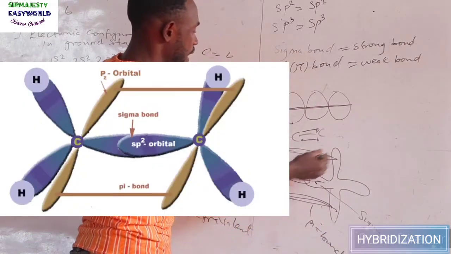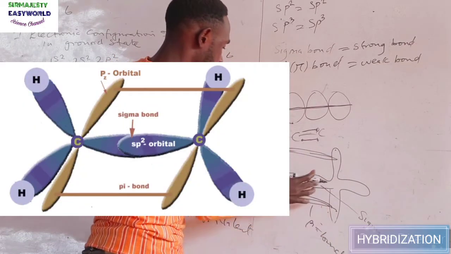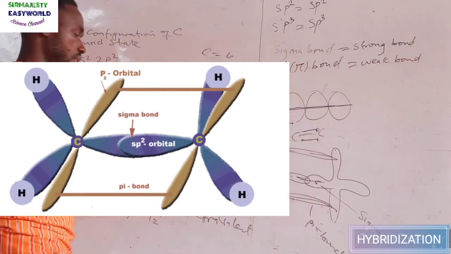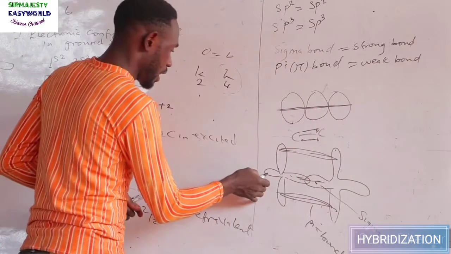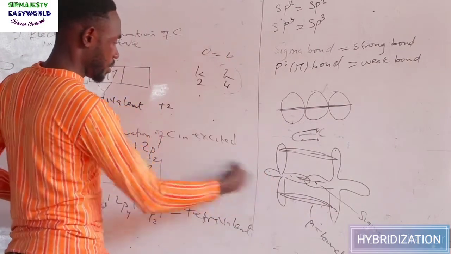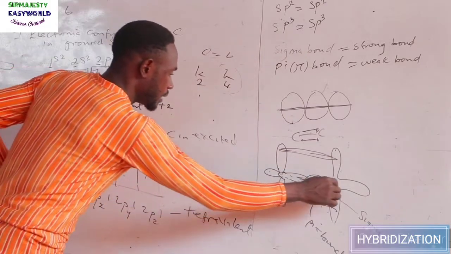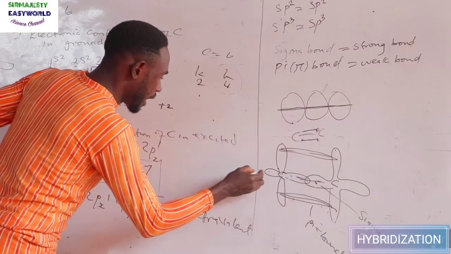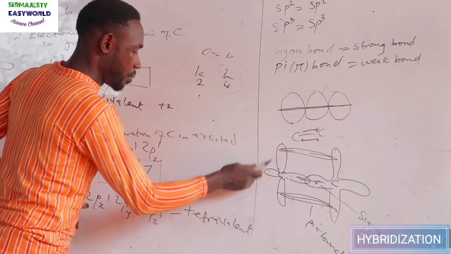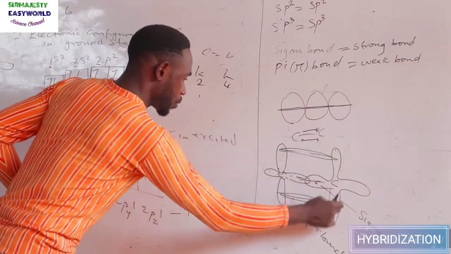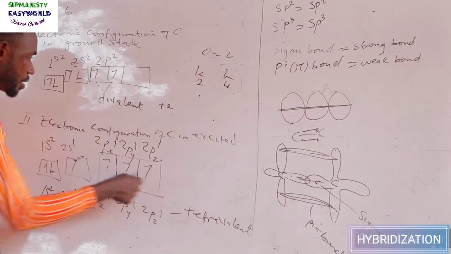Then this one is unhybridized, and these two are actually the ones that are hybridized. Remember, they can now use this one to form another bond, because this is assumed to be one carbon, and this is assumed to be one carbon. Here is where hydrogen can come in, but these two, 1, 2, remain unhybridized.